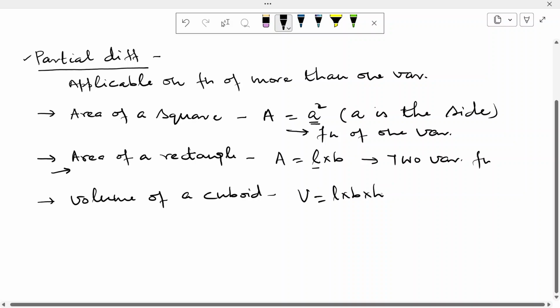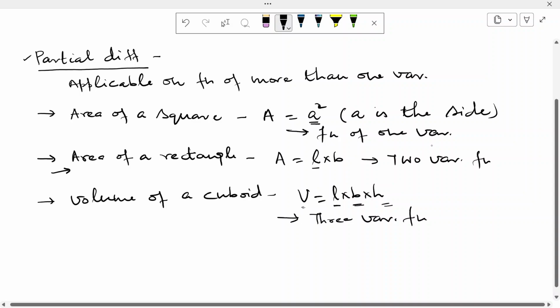So here the volume of the cuboid depends on three variables. One is L, second one is B, and third one is H. If you change any of these variables, then we have a corresponding change in the volume of the cuboid. So again, the volume of a cuboid is a three variable function.